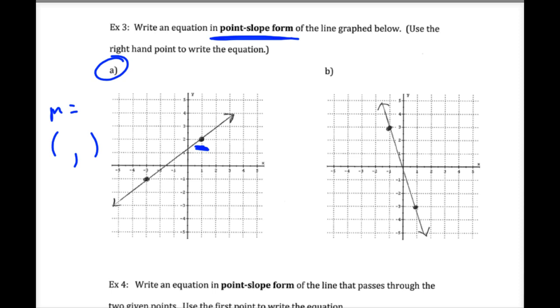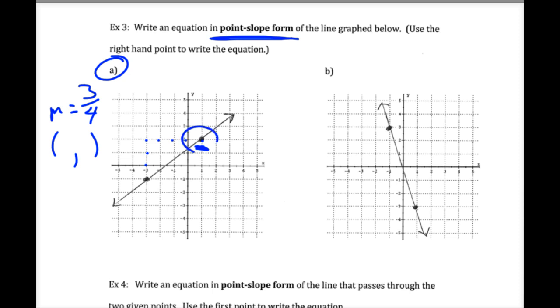Count from one to the other. Anybody else get 3/4? I did. Wouldn't it also be negative? I think it's positive. Look how they're angled. If you went from the higher one down to the lower one, they'd both be negative, which turns out to be a positive.